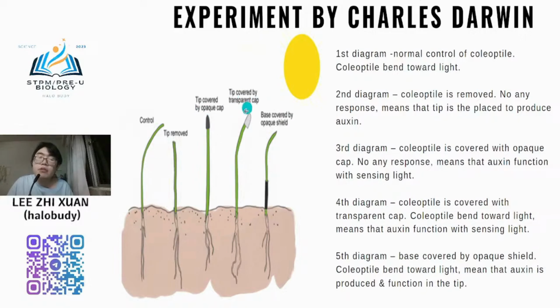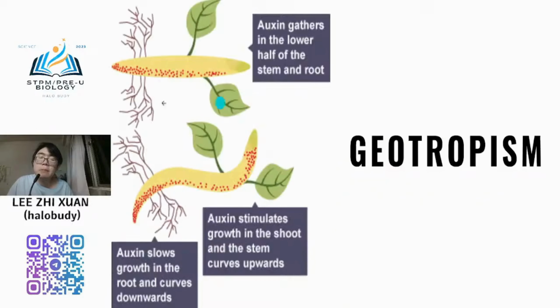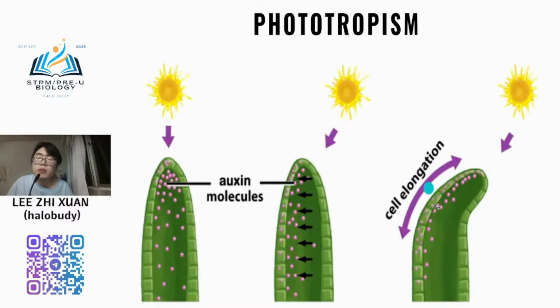But when you cover with the transparent cap, meaning that the light still can pass through the cap into the coleoptile, the auxin will have a response. So the auxin will show positive tropism. It will accumulate at the darker side, and then promote cell elongation at the darker side.